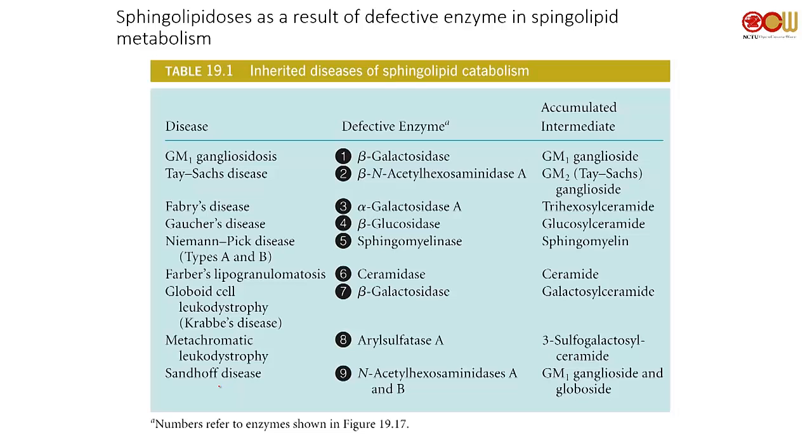Now, all the different kinds of genetic diseases that are related to sphingolipid catabolism are listed here. Okay, so there are different types of diseases as you can see, and if you have defects in all these, for example, glycosidase, acetohexoaminosidase, galactosidase, beta-glucosidase, okay, all these enzymes that are related to the degradation of sphingolipids, if you have defects on those enzymes, then you will accumulate different types of sphingolipids.